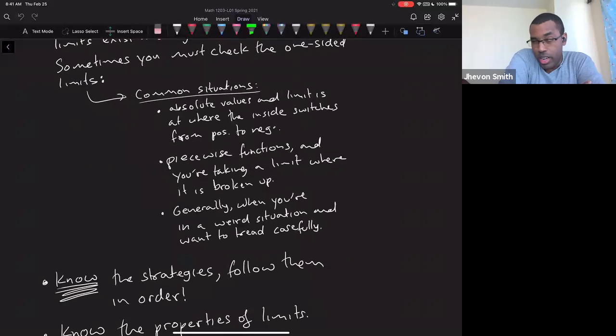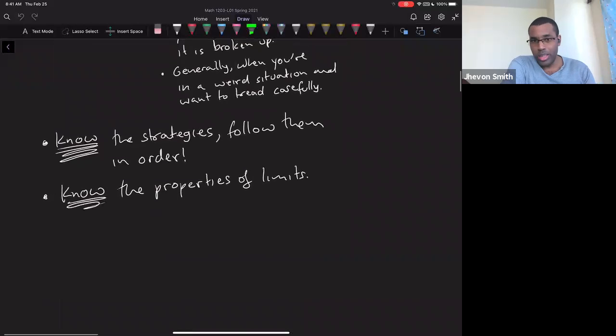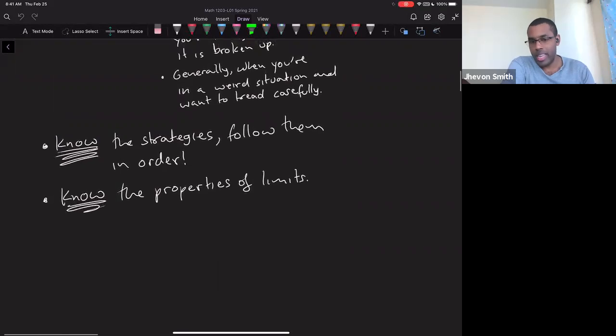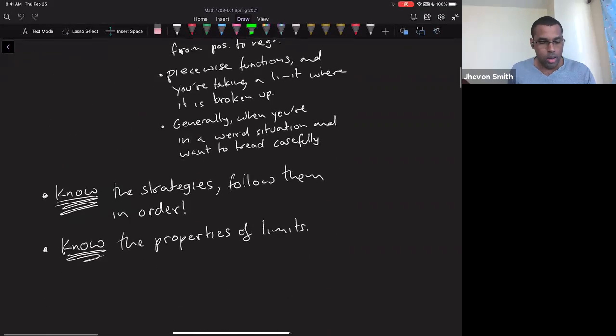And in general, whenever you're in a weird situation and you're not sure how to proceed, you might want to be careful and approach one side at a time. That being said, you should know the limit strategies and the properties that I gave you. Very important, and you will need to know all those for the quiz. You have a quiz this week, so don't forget that stuff.